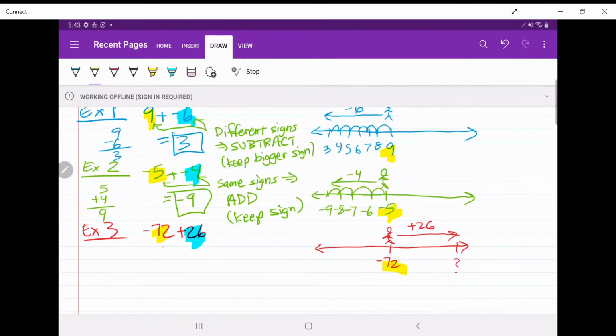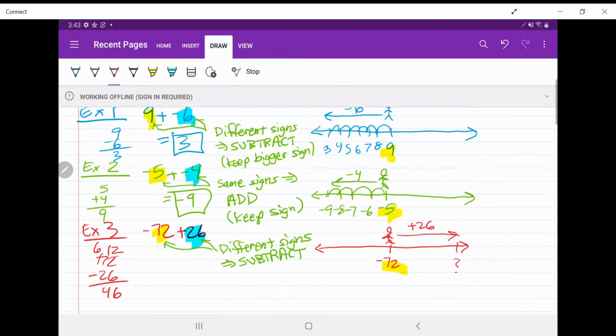And then in this example right here, you can see that we have different signs. 72 is negative, and the 26 is positive. So we have different signs. That means we need to subtract our two values. 72 minus 26. That's going to give us 46.